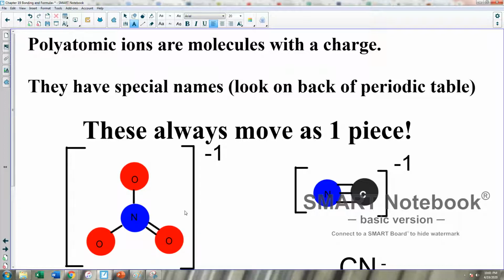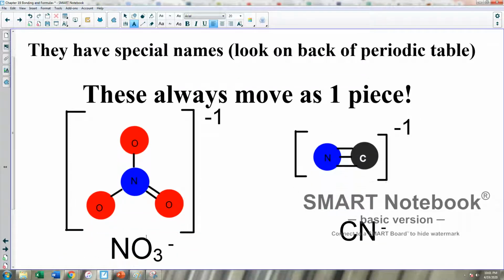They bond as just one thing. So we just call this group of atoms a nitrate ion. Anytime you see NO3, you know that has nitrate in it. You may need more than one of these ions, but it's always going to be this combination, NO3. NO3 means nitrate.